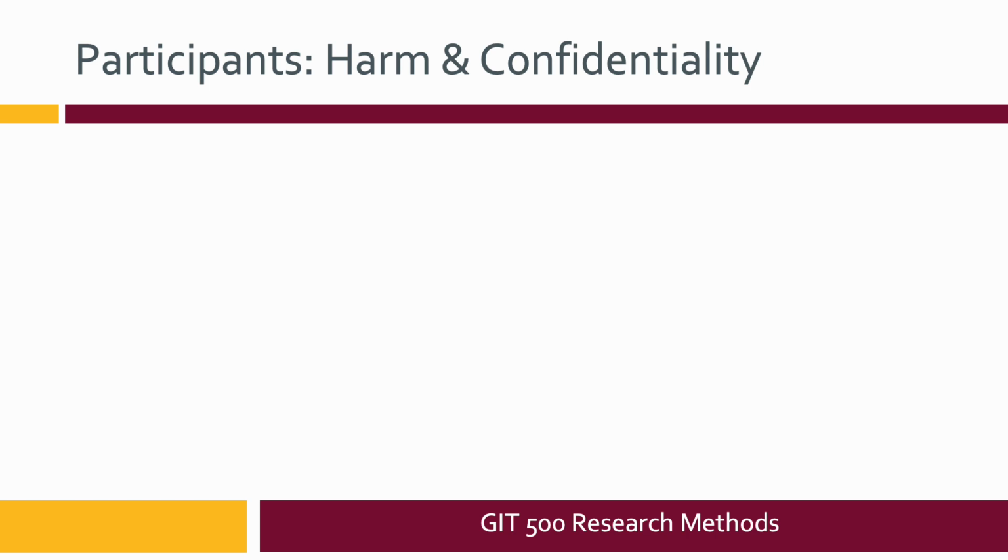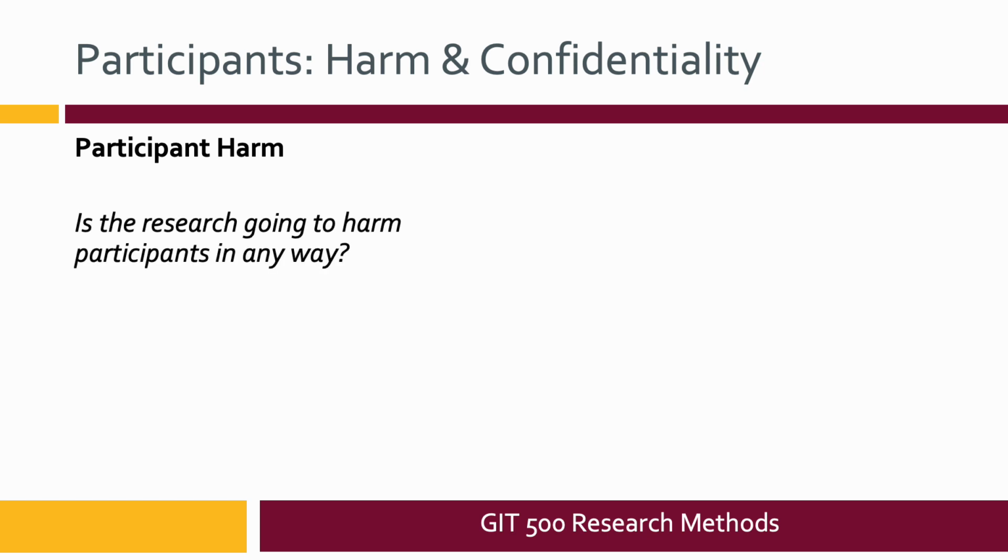Other ethical issues that might arise might be from participant harm and from confidentiality issues. Participant harm means that you are going to try your best not to harm the participant in any way. So you have to ask yourself, is the research going to harm participants in any way, whether it's physical, puts them in danger, or mental anguish, anything like that.